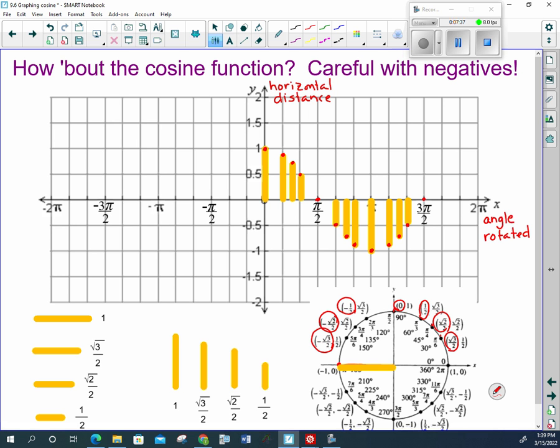And then we're going to be at a 1/2 again. Right here, a 1/2. Square root of 2 over 2. And square root of 3 over 2. And then back to 1.